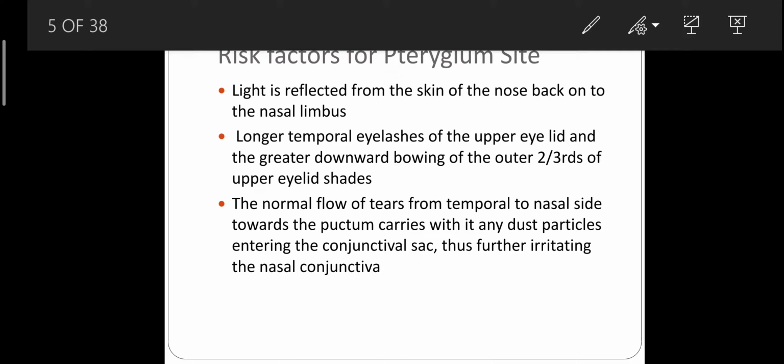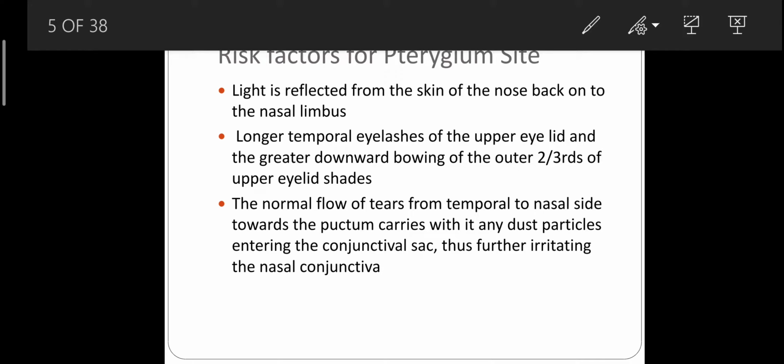The other reason is the long eyelashes which are present on the temporal part of the lids. They somehow have some protective mechanism. They protect the temporal conjunctiva from more exposure to sunlight. That is one reason. And the third reason is the lacrimal pool.